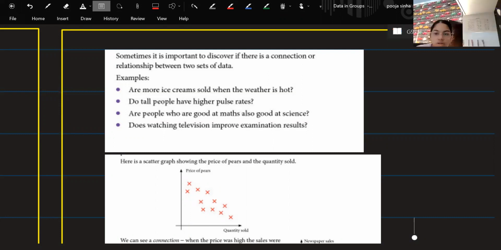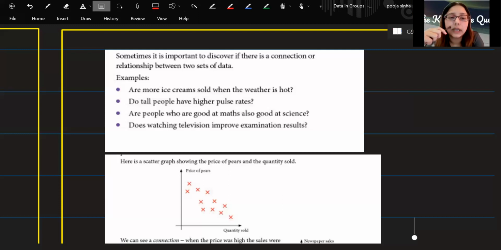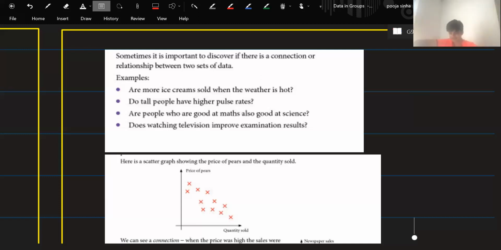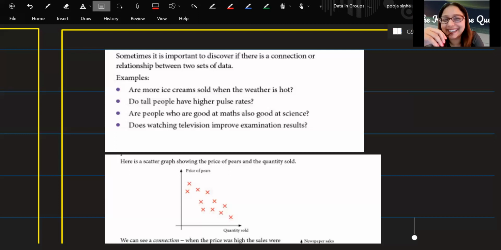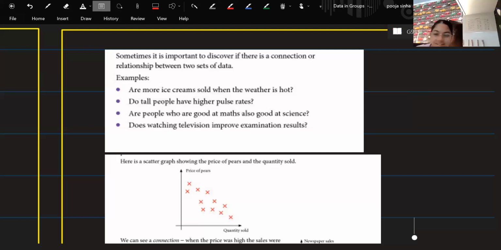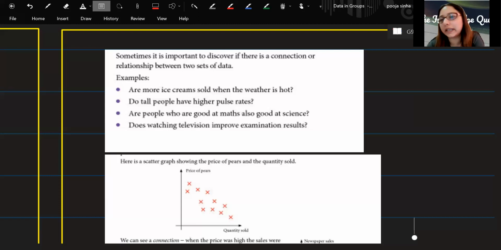Maybe good at physics. Okay. Does watching television improve examination results? Not technically. It depends on what you watch. Okay, so watching television here means any random thing.